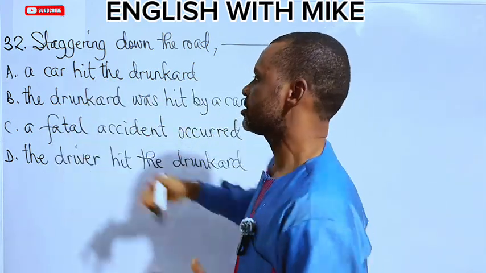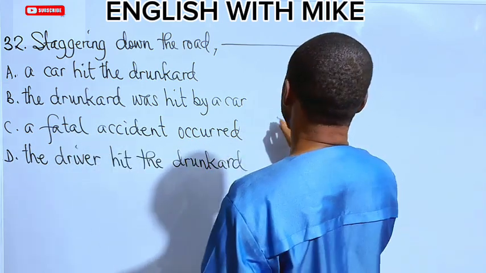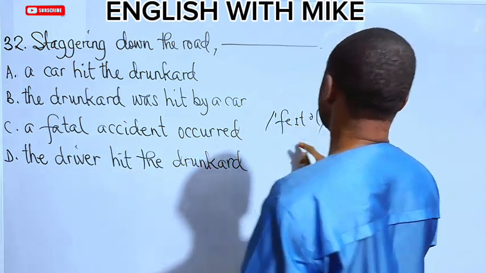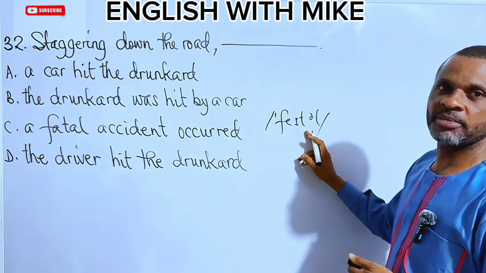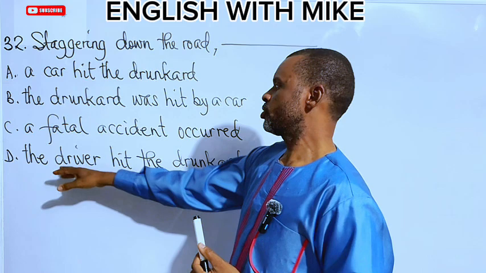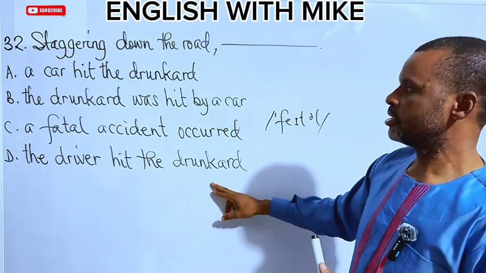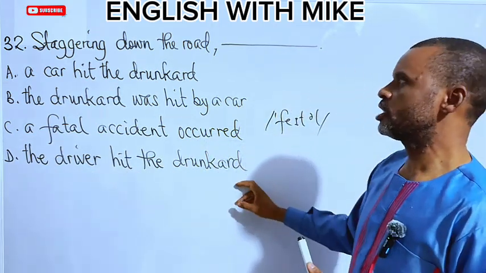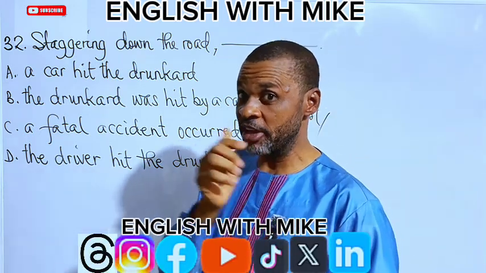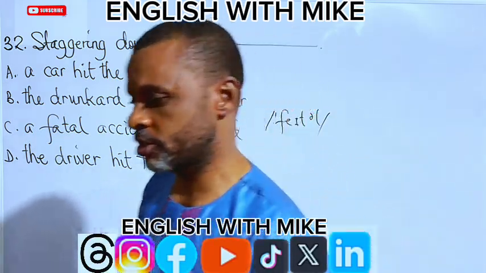Did a fatal accident occur, from F-A-T-E? Or the drunkard hits, the driver hits the drunkard. What happened? Staggering down the road. Please be very careful with this kind of question.